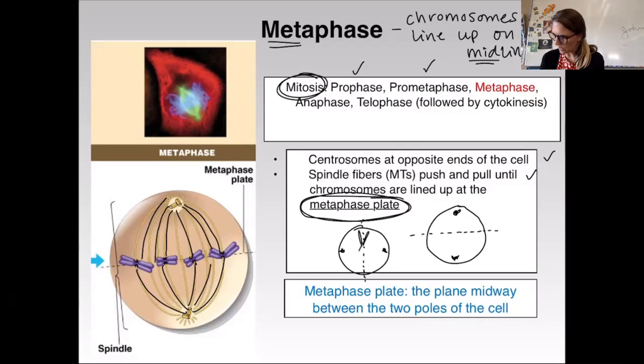A chromosome is going to line up along the midline so that the kinetochore has access. So the metaphase plate is this kind of invisible plane midway between the two poles where chromosomes are going to line up.